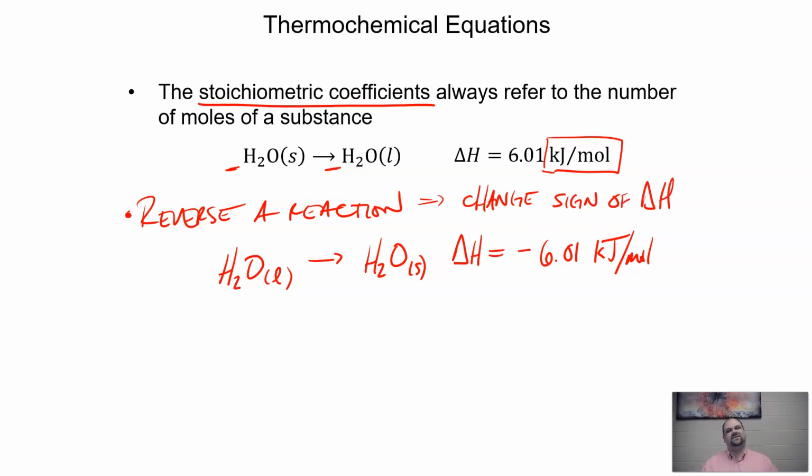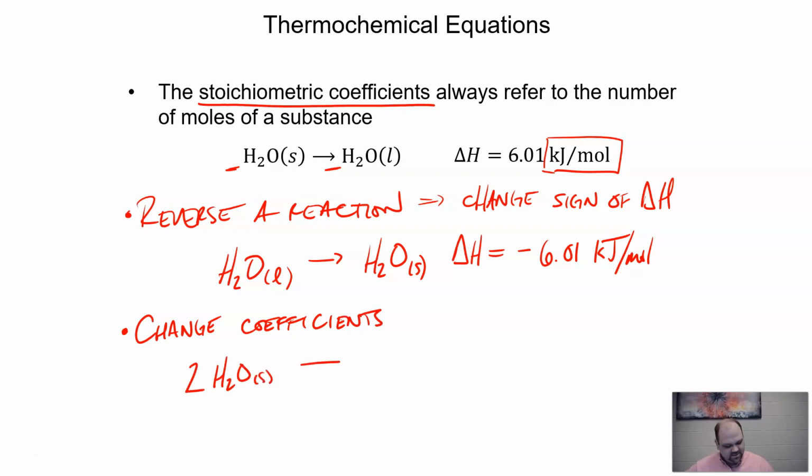Let's say that for some reason we're dealing with something and we need to have twice as much of a particular product or a particular reactant. Maybe we need to double the whole reaction. Right? And so if we change coefficients for a particular reaction, now we have 2 H2O solid going to 2 H2O liquid.